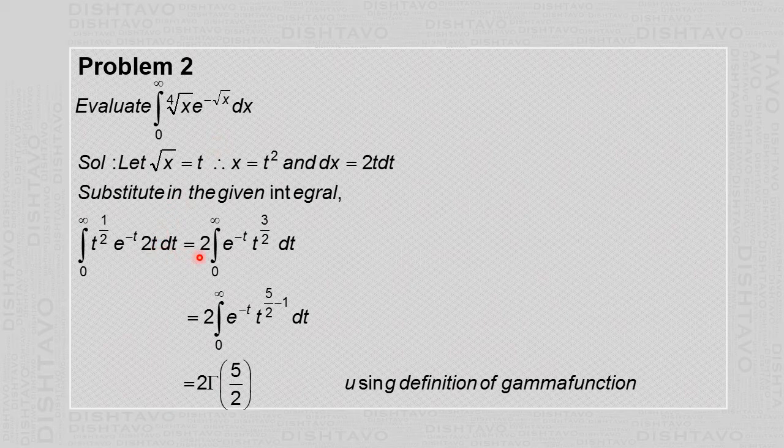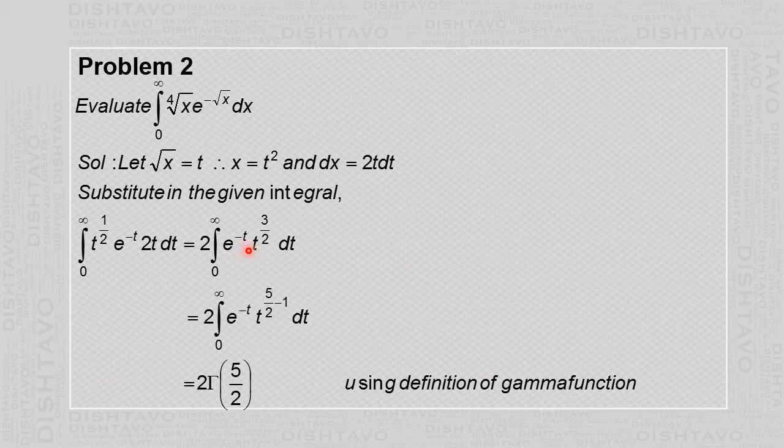Then that 2 comes out, and t raised to half and t raised to 1 become t raised to 3 by 2. So now the integral becomes 2 into integral 0 to infinity e raised to minus t, t raised to 3 by 2 dt. Now this integral is of the same form as that of the gamma function, only here instead of x there is t.